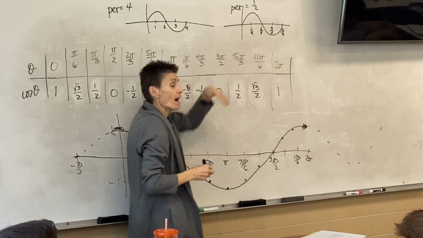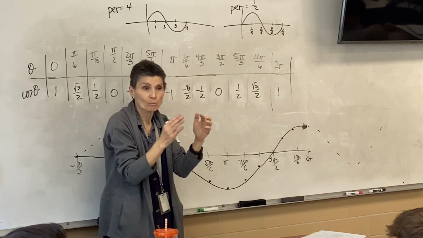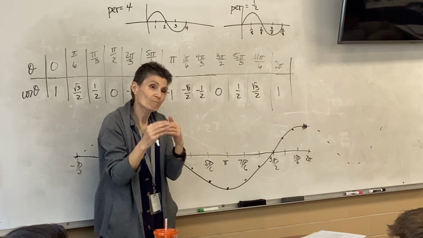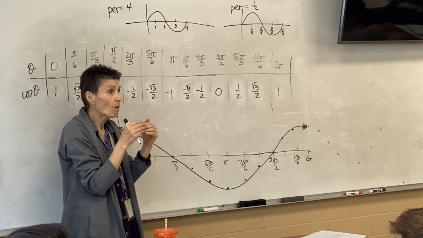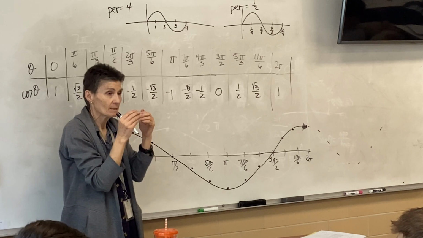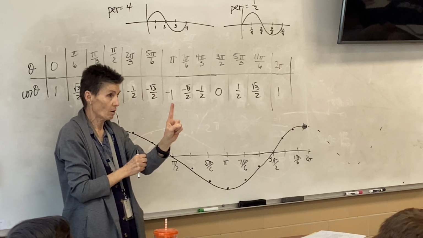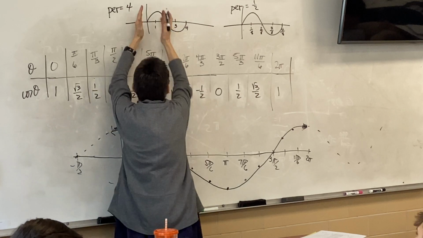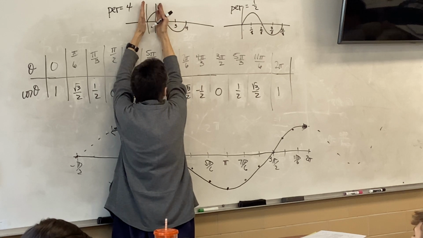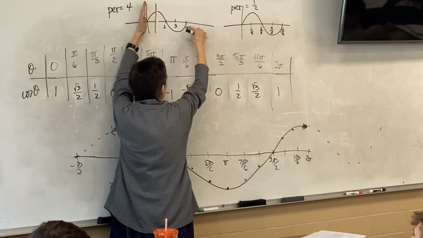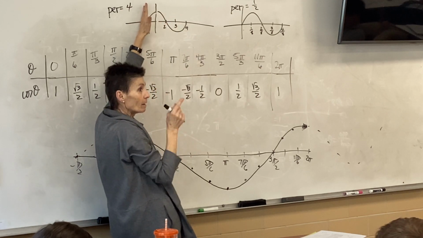Agreed? Now, frequency is calculated as the reciprocal of the period. But what frequency means is how many complete periods are accomplished in an interval 1 unit long. So if you look at only 1 unit, right here, 1 unit, how much of my curve gets drawn in that little section? 1/4 of it.